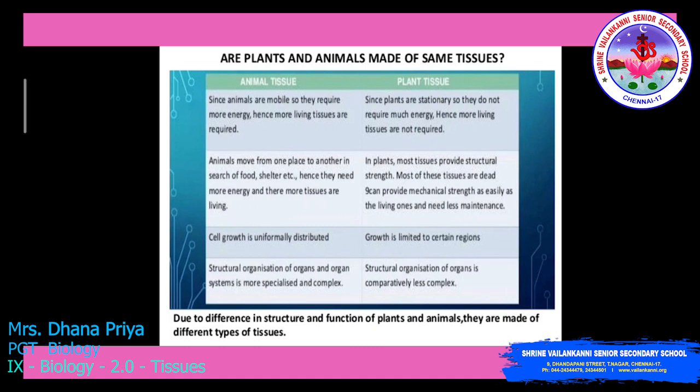So in plant tissue, the structural organization of organs is comparatively less complex. Due to the difference in structure and function of plants and animals, they are made up of different types of tissues. So our question, are plants and animals made of the same tissue? The answer is no. They are made up of different types of tissues to do different functions.